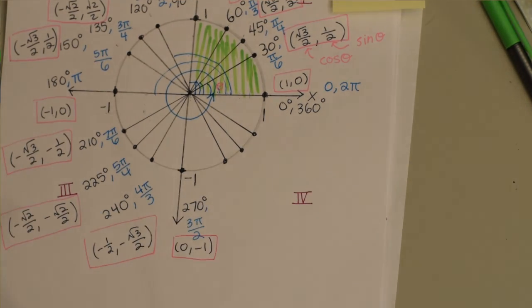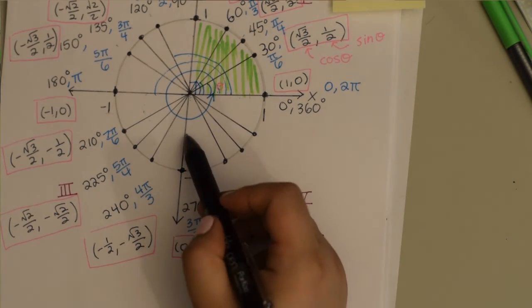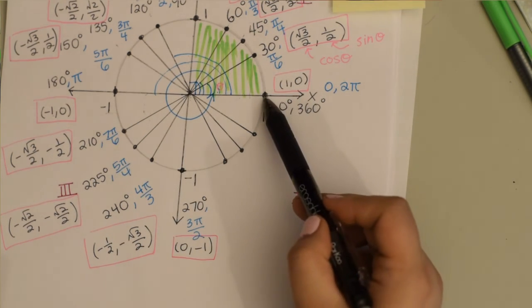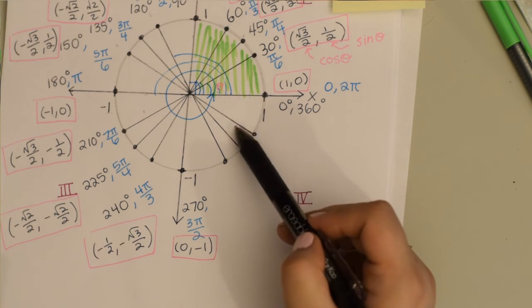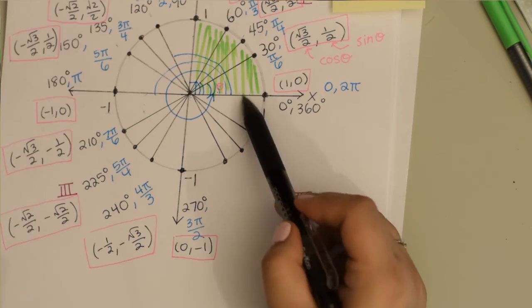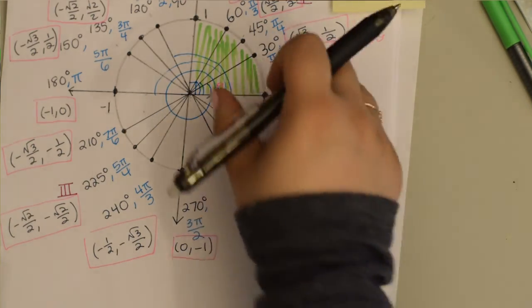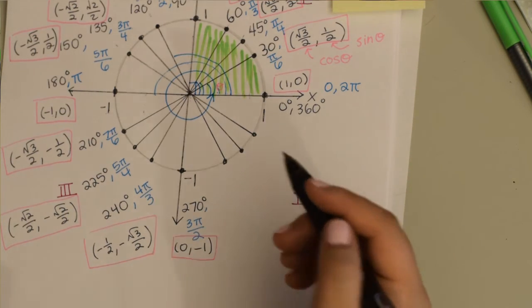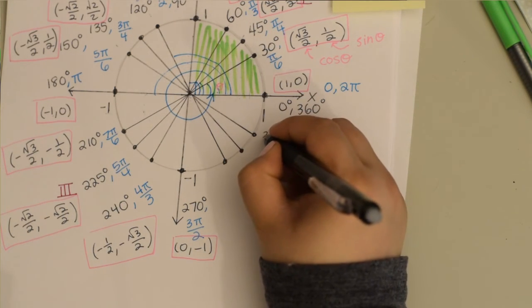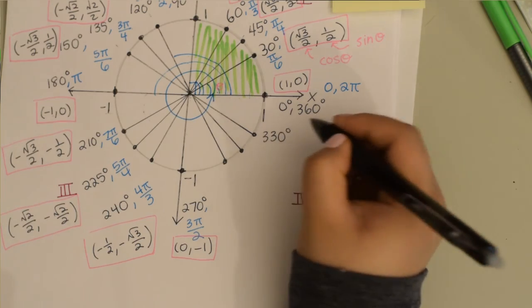Right, cool. And then here, again, you can either think of it as 360 minus this bit, which is the same as the 30 degrees, because we're reflecting across the x-axis. So this is 30 degrees, so you can think of it as 330 degrees.